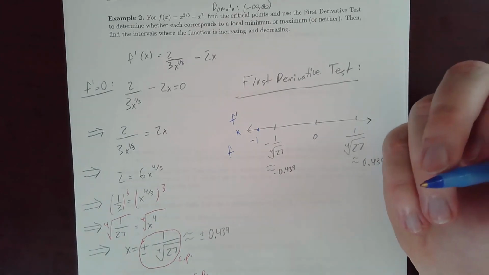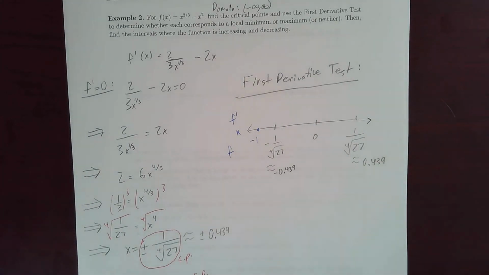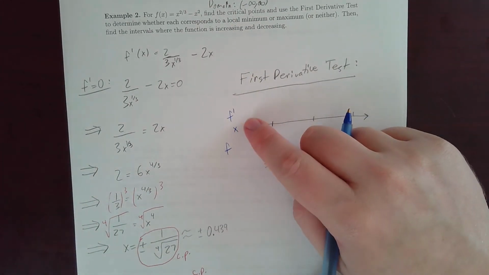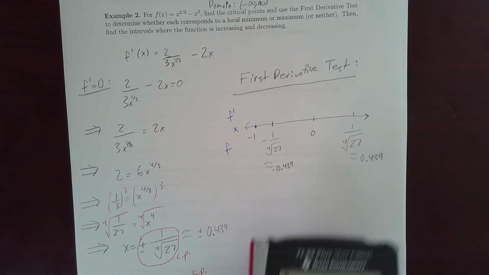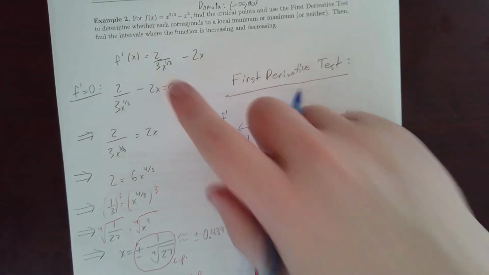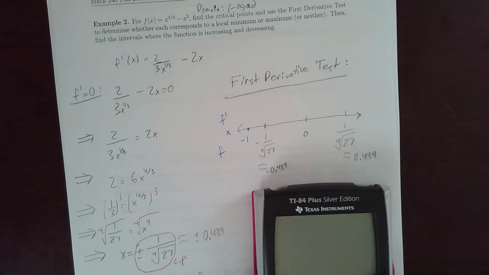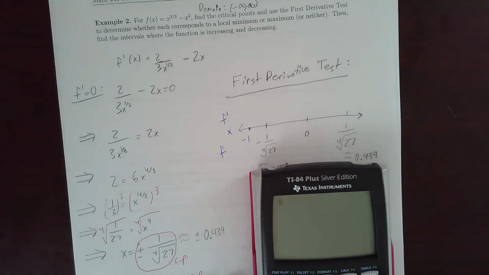And so if we plug in -1 into our derivative, that'll help us know if we're increasing or decreasing. So our derivative, again, is 2 over 3x to the 1/3 minus 2x.